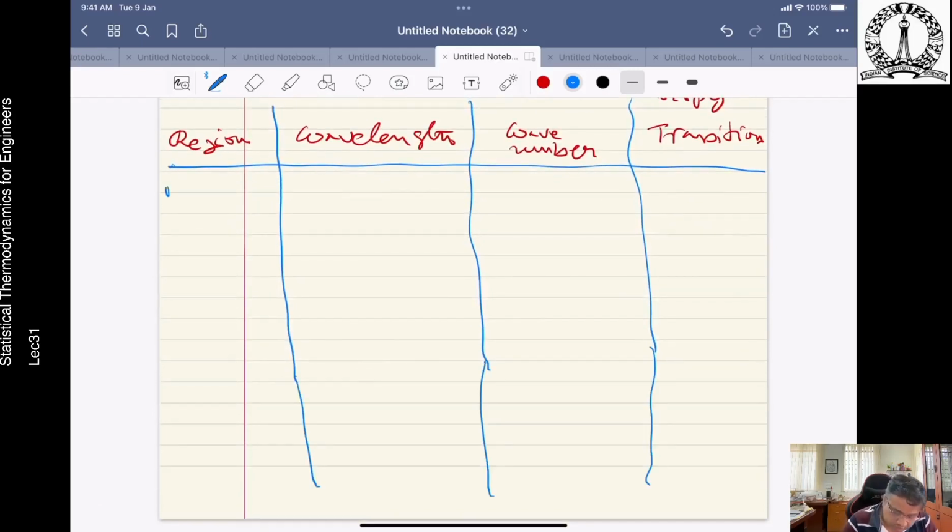So this is far UV, wavelength in nanometers, wave number in centimeter inverse. 10 to 200 nanometers is far UV, and the transition is usually electronic. This is approximate once again, and the wave number is written as 6 zeros basically.